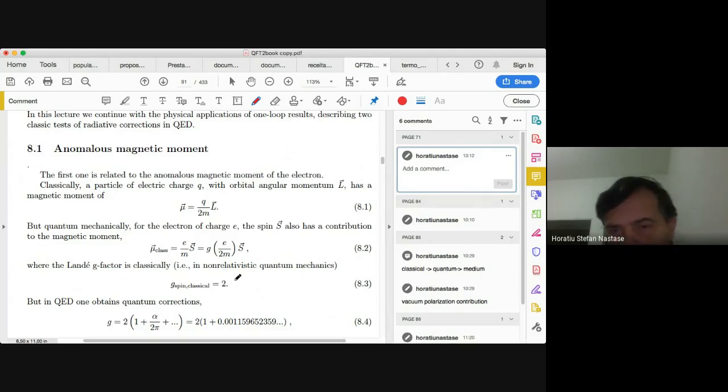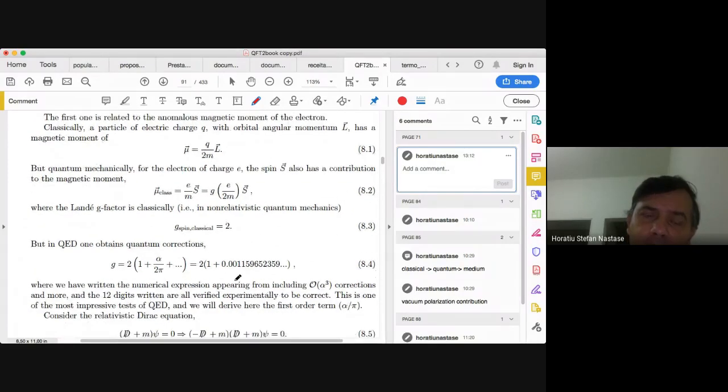But now if we include quantum field theory effects, that is relativistic field effects, then G, the factor in front of ES over 2m, will be changed.